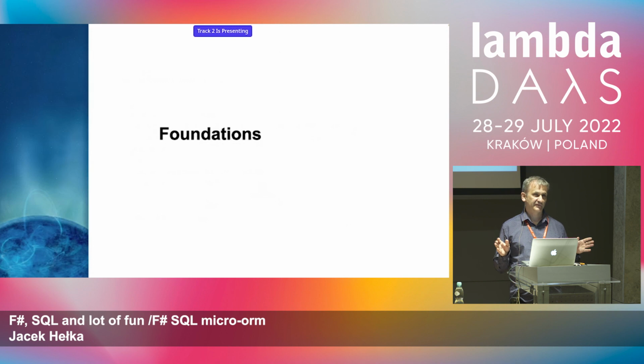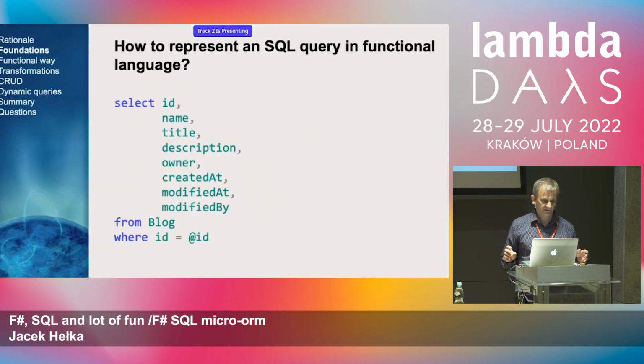Okay. So the first important thing was to decide what actually are these building blocks, the foundations. When we have a particular query, how should it be represented in a functional language? Queries take some parameters, return results.